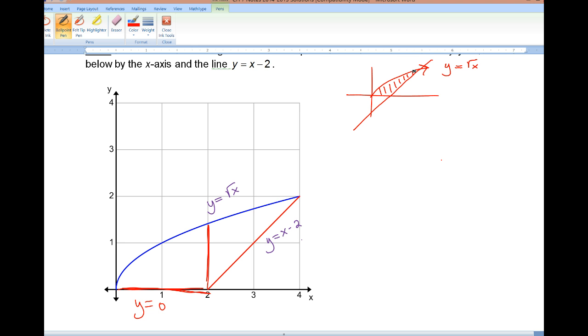We can't just take square root of x and subtract x minus 2. It doesn't work that way because the graph technically stops right here. We have this. You have to divide it because it's bounded by this line from 0 to 2, then it's bounded by x minus 2 for this region.